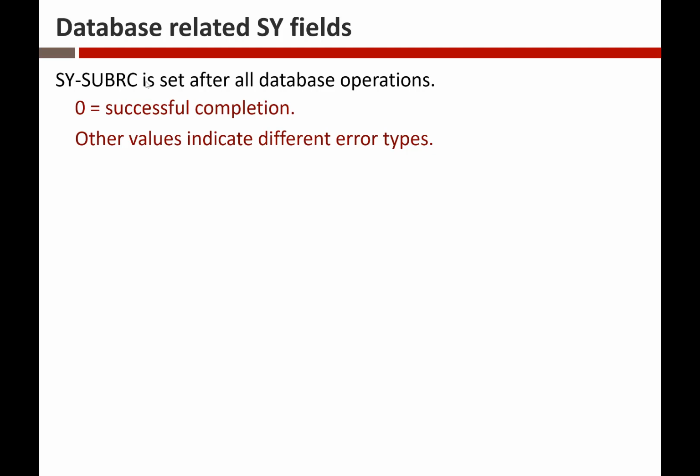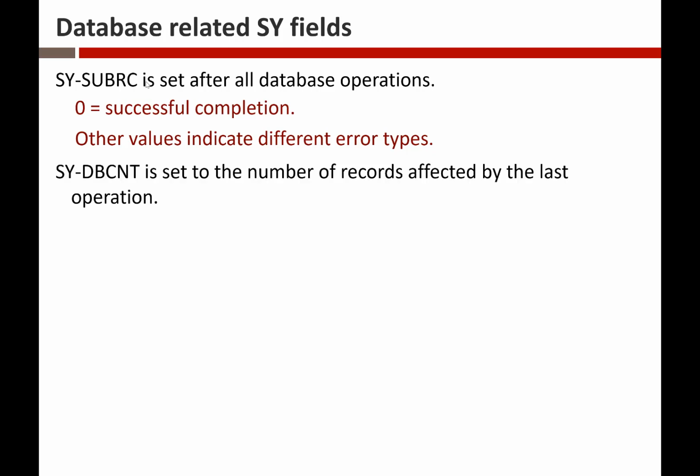Now, there's another value that we can check as well. sy-dbcnt is set to the number of records affected by the last operation. So let me give you an example of how these are two different things. Maybe the zip code here in Johnson City changes from whatever it is, 37615 to 37624.